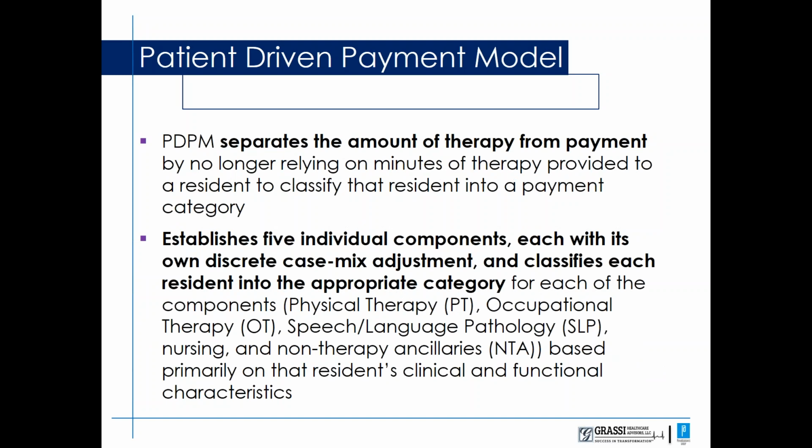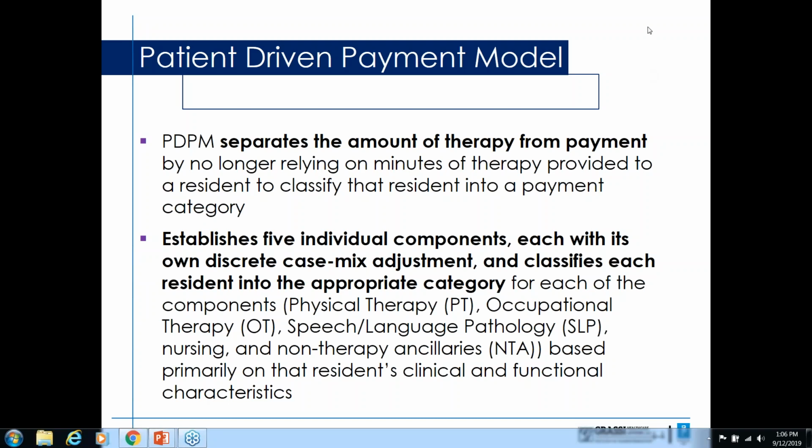So as I said, it separates the amount of therapy from the payment by no longer relying on the minutes of therapy provided to a resident to classify that resident into a payment category. And frankly, under RUG 4, that wasn't the case unless you were in a rehab category. Under RUG 4, the highest reimbursement categories were in the rehab category.